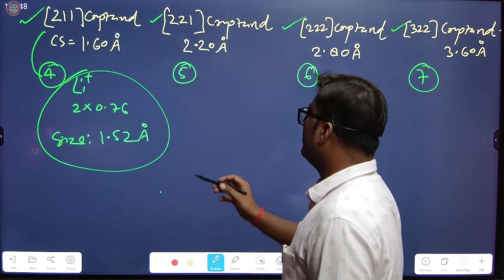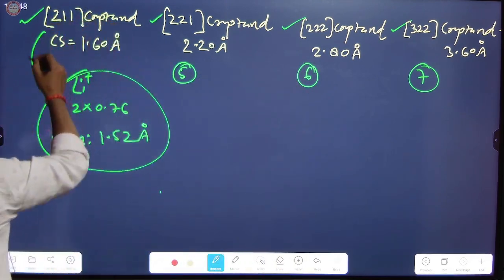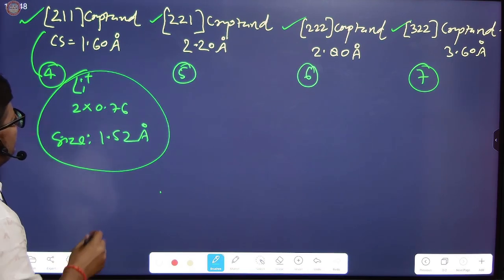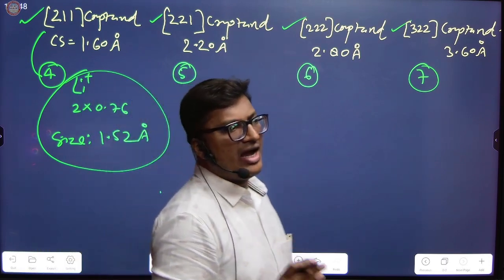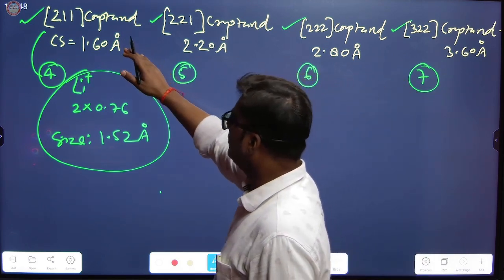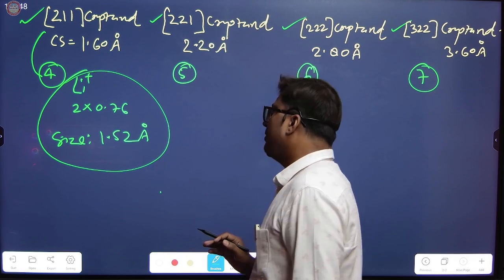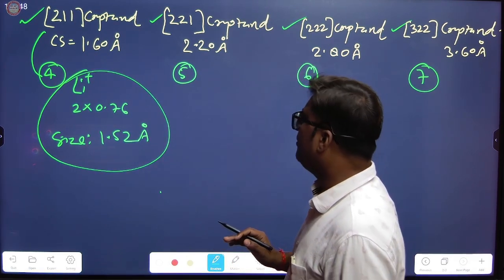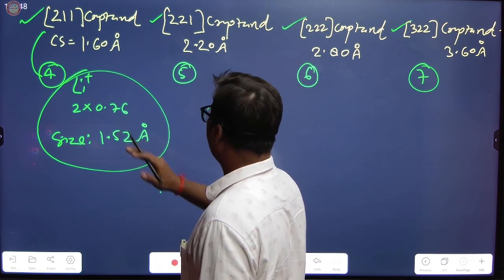So this cation can be captured effectively by this cryptand. So no other cations can form complexes with this ligand. So it totally depends on the match of the cavity size to the size of the alkali metal cation.